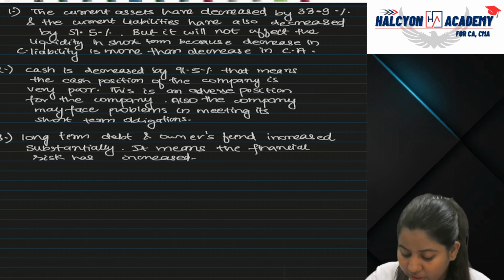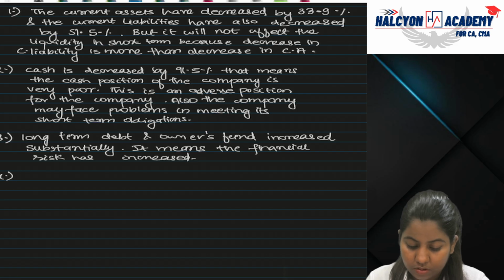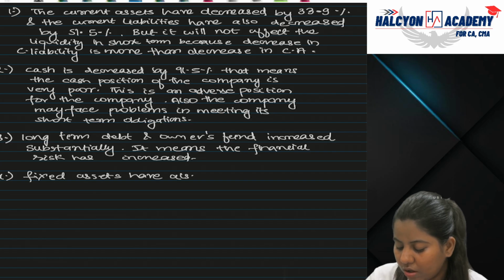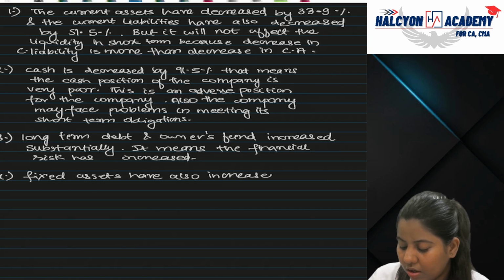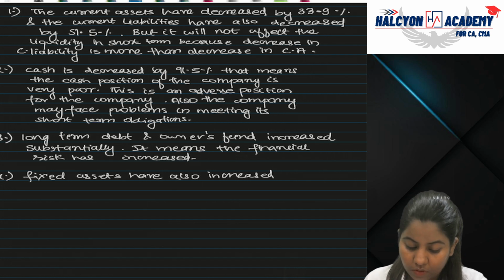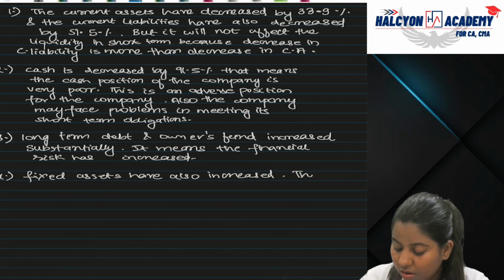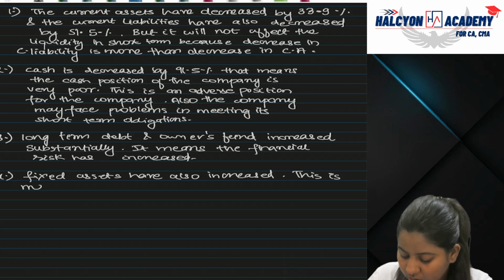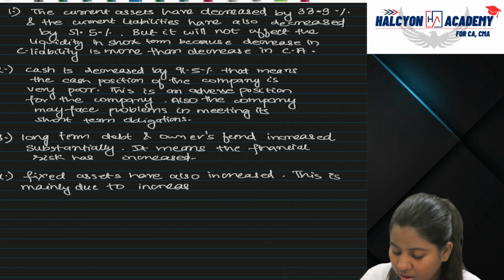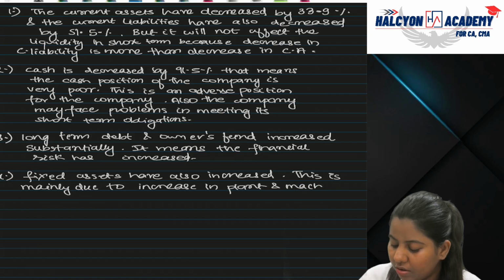So the next point will be fixed assets have also increased. Fixed assets have also increased. This is mainly due to increase in plant and machinery.